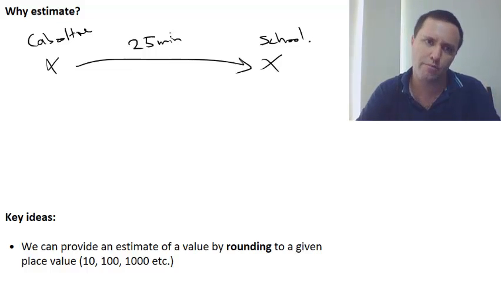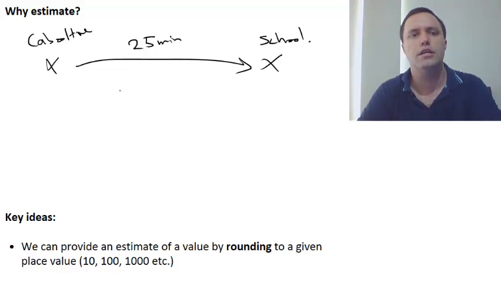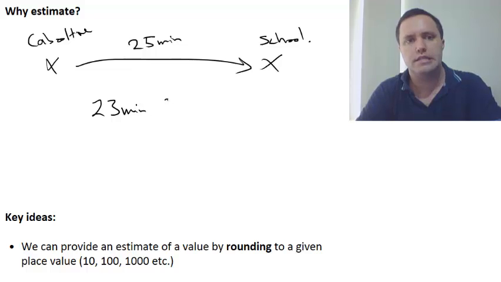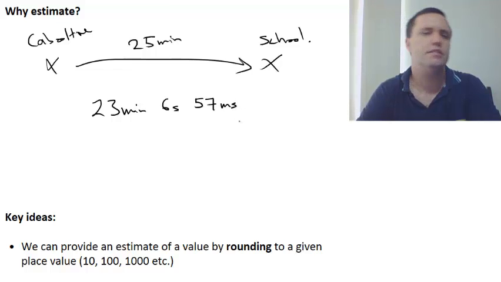But would it help you at all if I said, oh, well, it takes me 23 minutes, 6 seconds, and 57 milliseconds? Does it help me to time the amount of time it takes me to get to school down to the seconds or the milliseconds?